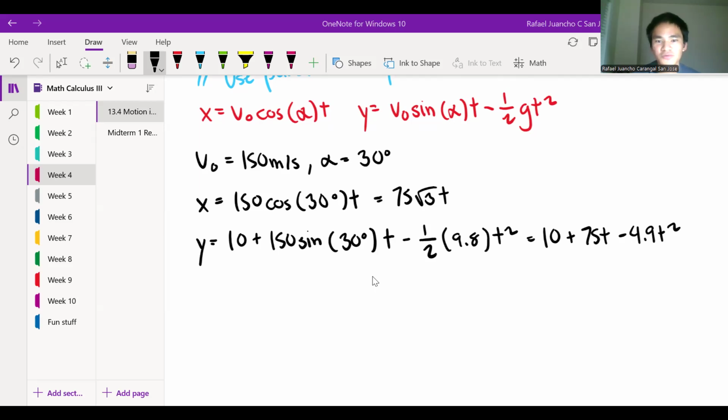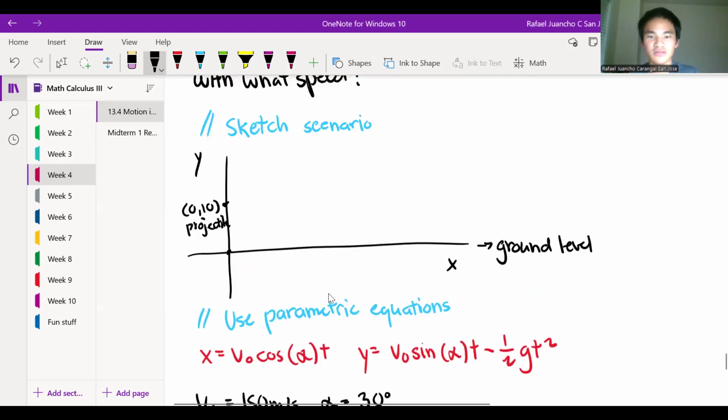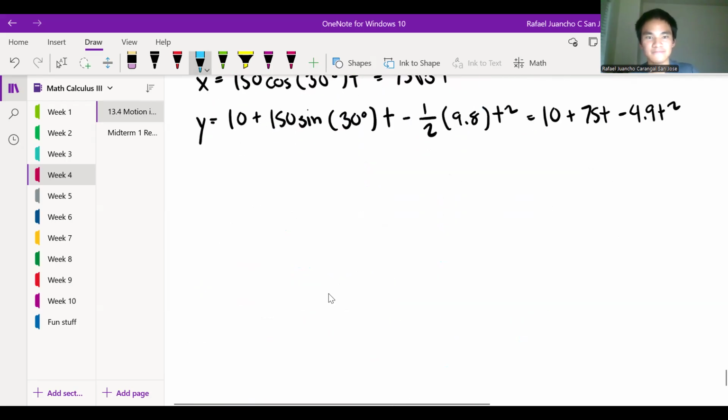Okay, so the question was, where does the projectile hit the ground? And with what speed? So the impact actually occurs when y is 0, right? So here I'm going to say find when projectile hits the ground.